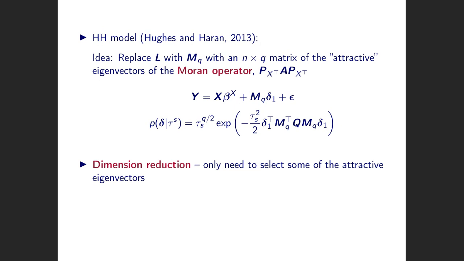And then they went on to suggest that maybe you don't actually need all of MQ, that perhaps with dimension reduction, instead of using all n by q columns of this matrix MQ, maybe you only needed to use the ones that embed important spatial structure.